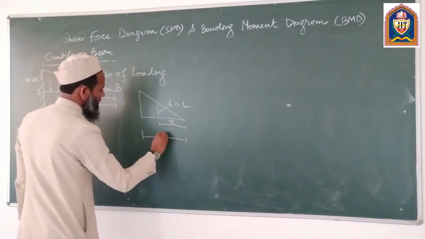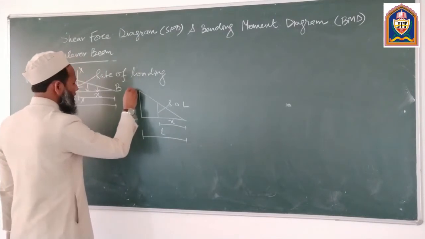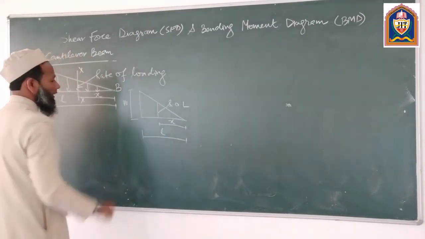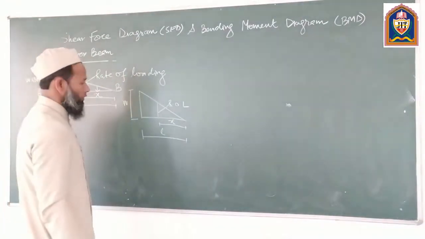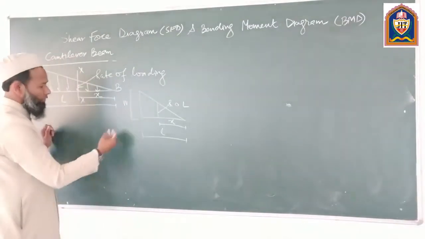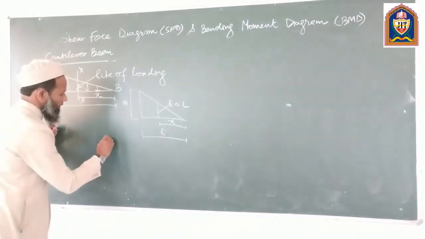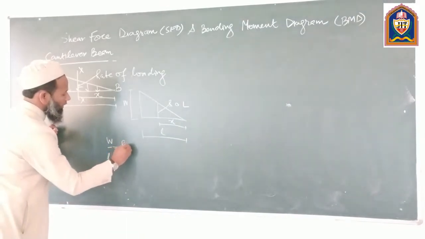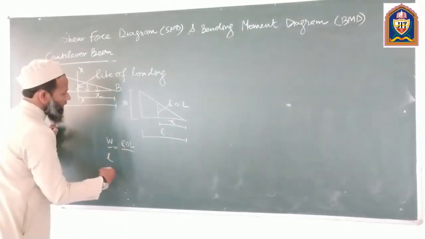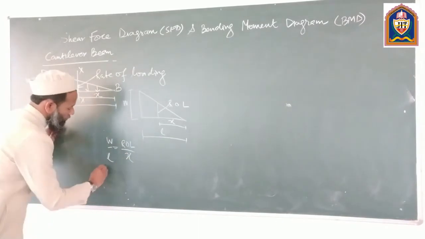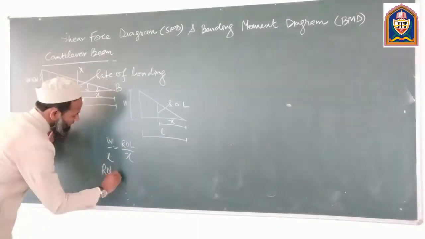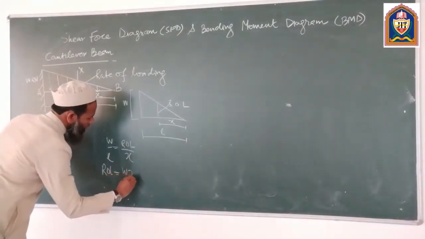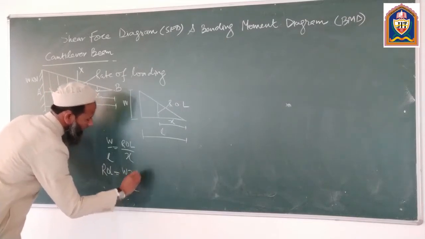This distance is L, and the rate of loading at this end is W. So by similar triangles we have the property W upon L is equal to the rate of loading at this section divided by x. So the rate of loading at the section is equal to Wx upon L.